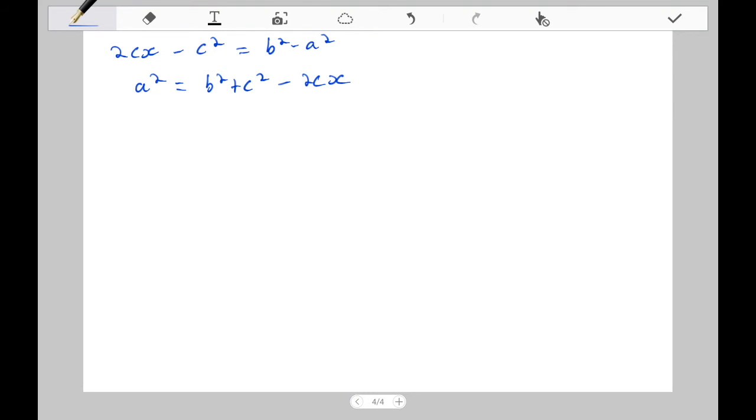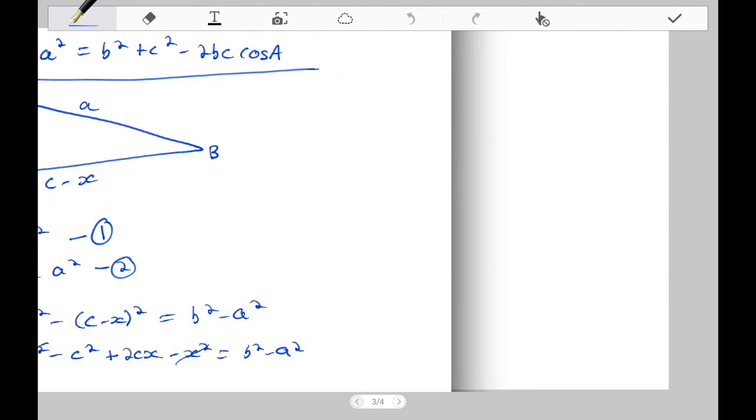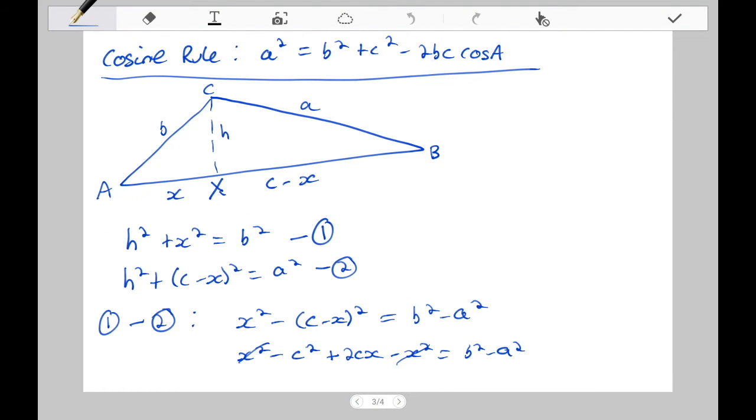But we should note that if we go back a second to our triangle, we can see that x is equal to b cos A, using SOHCAHTOA again.